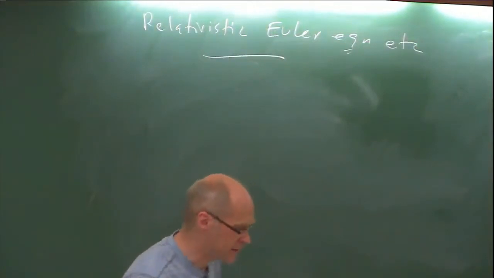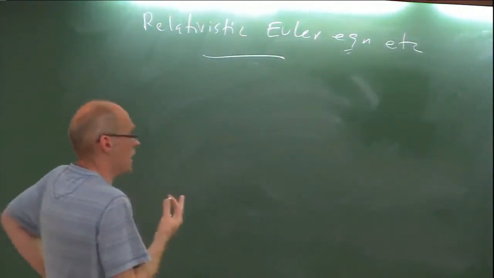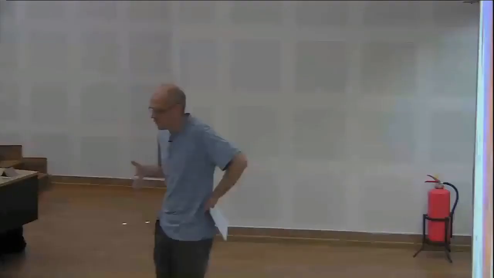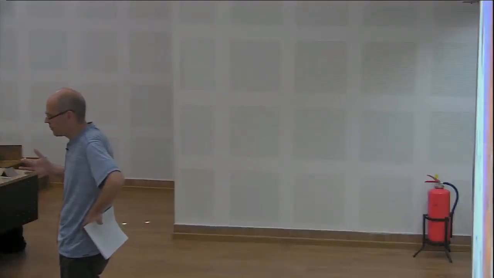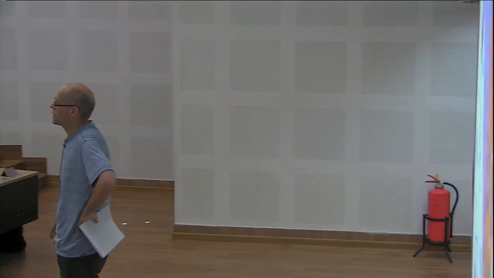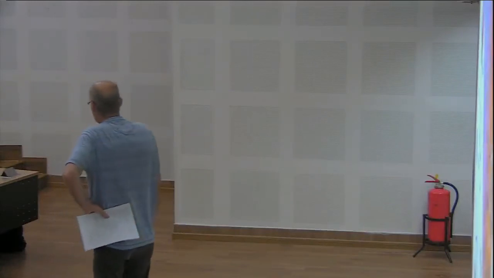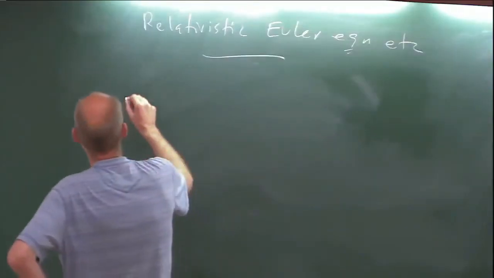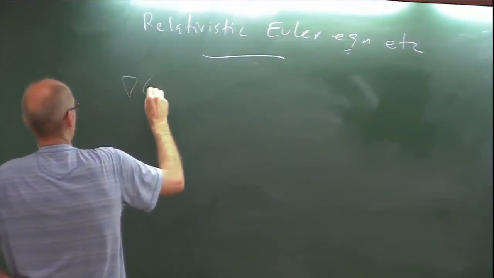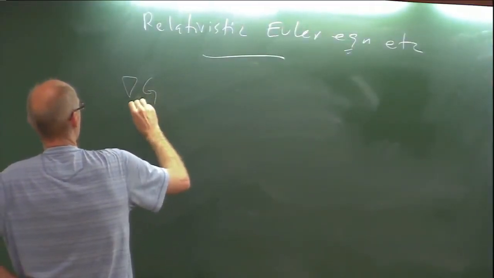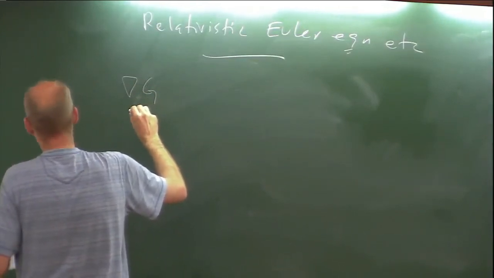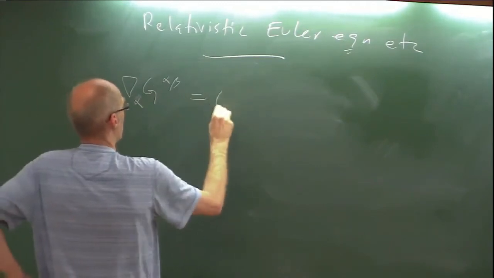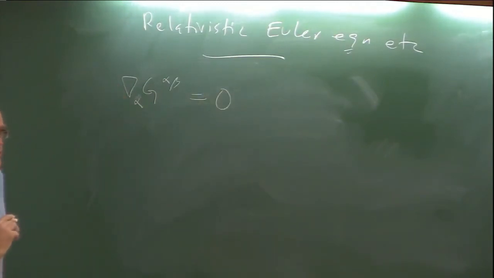So the point of this exercise is to find out how fluids move. Basically, I want to write down the relativistic version of the Euler equations for fluid dynamics. The way this goes in the textbooks is that if you take the Einstein tensor, let's do it with alphas and betas again, then you know that by definition this is divergence free.